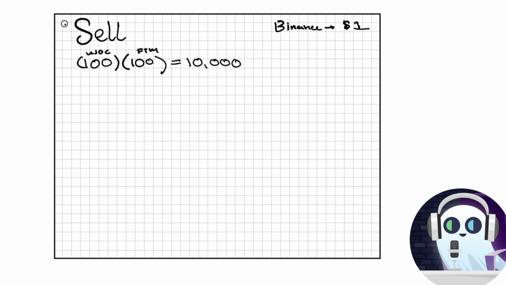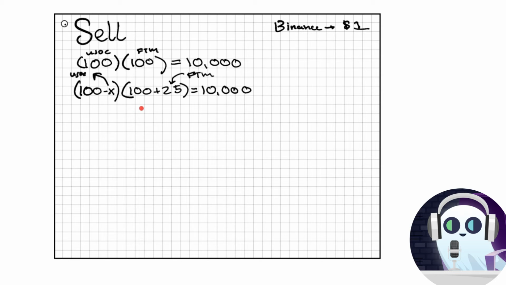So what they would do is put 25 Phantom into the AMM, and then they want to get out USDC. So this would be a minus X. We know USDC is going to be leaving the AMM. And K from before is 10,000, so this all needs to be equal to 10,000.